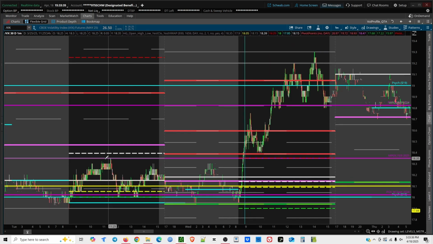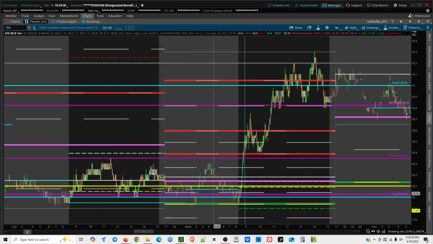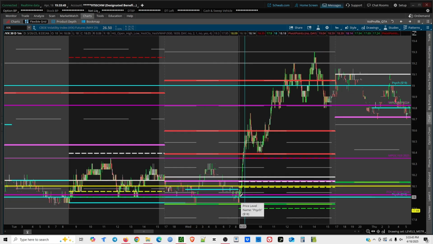So this is the previous day. This is the pre-market. And VIX opened here at the cyan blue line, came down and touched this pivot line, or the previous day's open for VIX futures, and started to bounce.